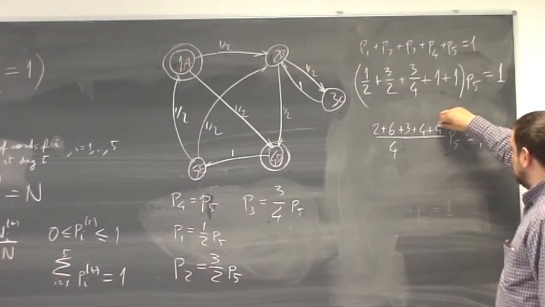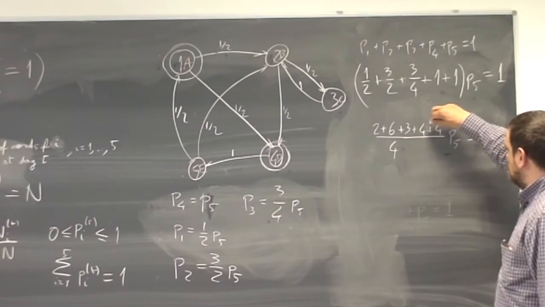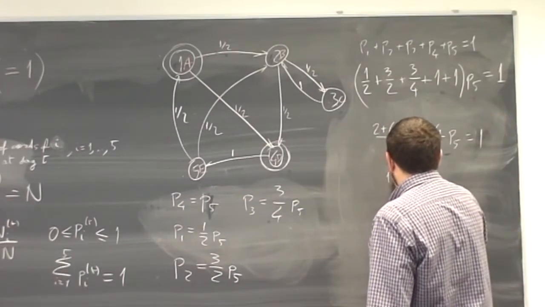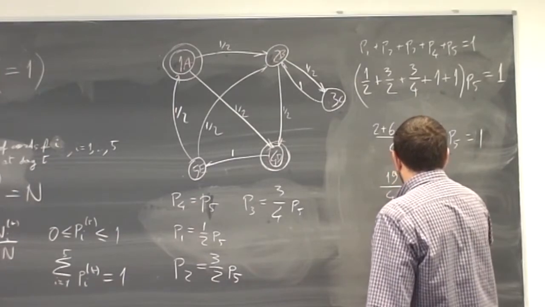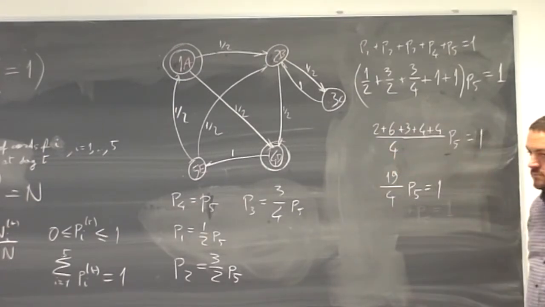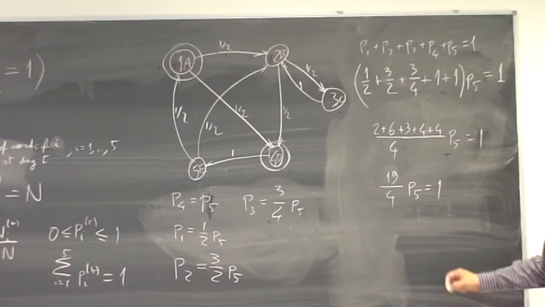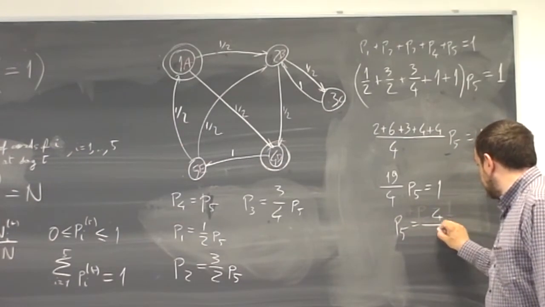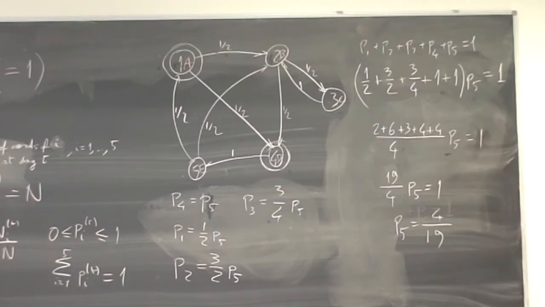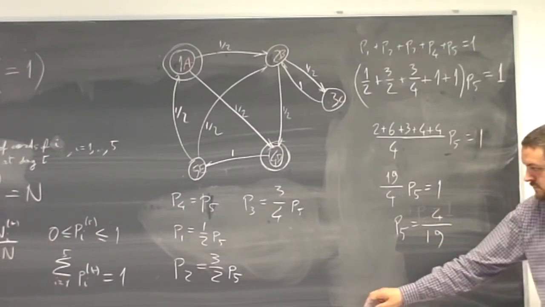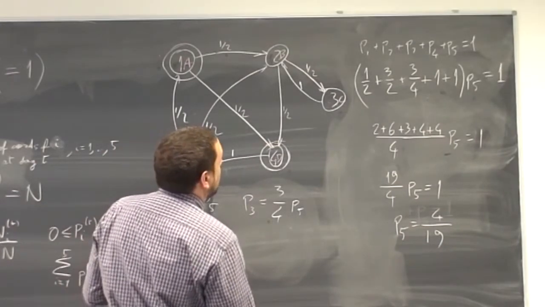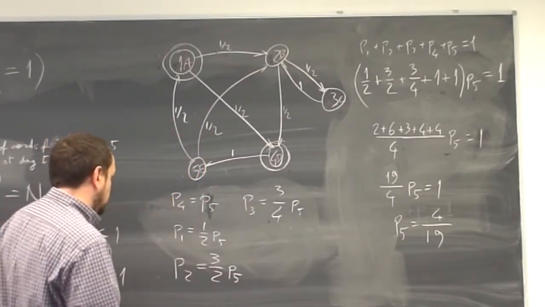Okay, and finally, so P5 is 4 out of 19. So here we can get all probability values.